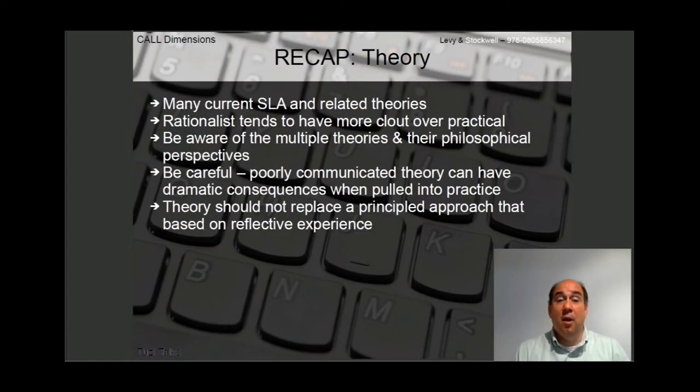All right, let's recap. There are a lot of theories out there, and the theories mean that we have a variety to choose from as we look into picking and using and evaluating CALL-related applications. The odd thing is, it's not odd. I take that back. Rationalists tend to be more respected.